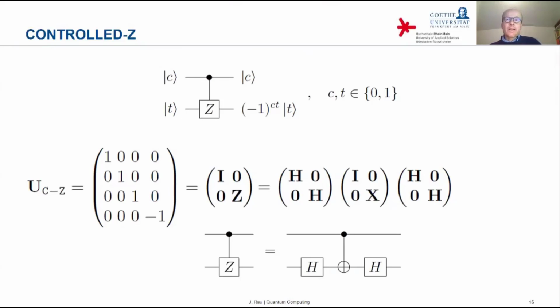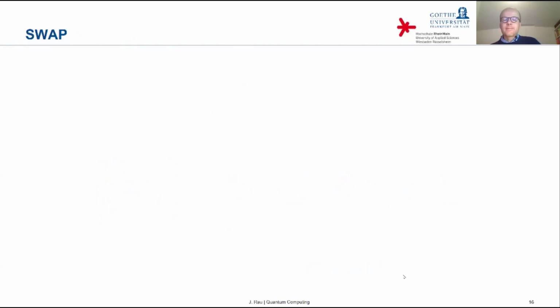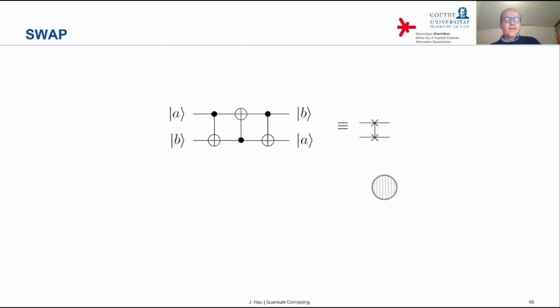So here you have a first example of a relationship between 2-qubit and also single qubit gates. You can cleverly combine 2-qubit gates to construct interesting new operations.